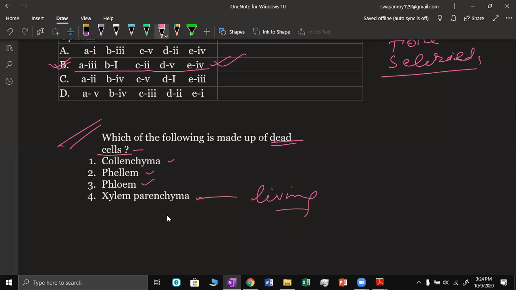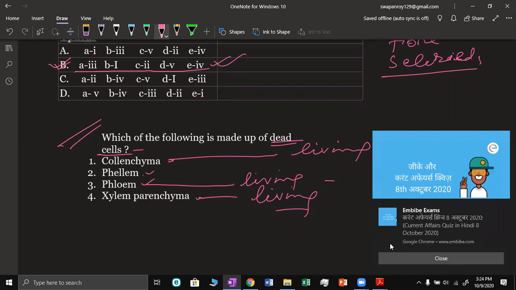This one, xylem parenchyma, is living. In the phloem also, sieve tube, companion cell, phloem parenchyma, they are living. Where there is a fiber, phloem fiber, that one is dead. The collenchyma is a living tissue, living cells.